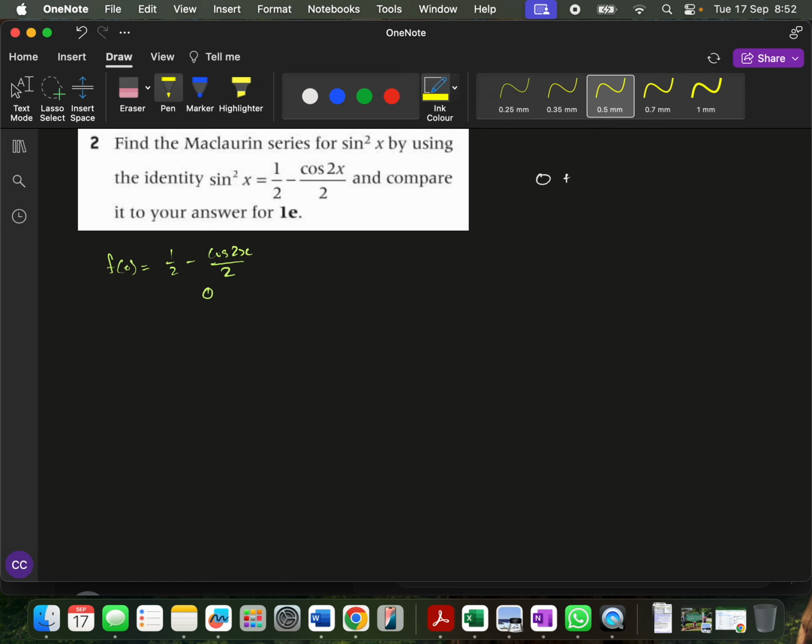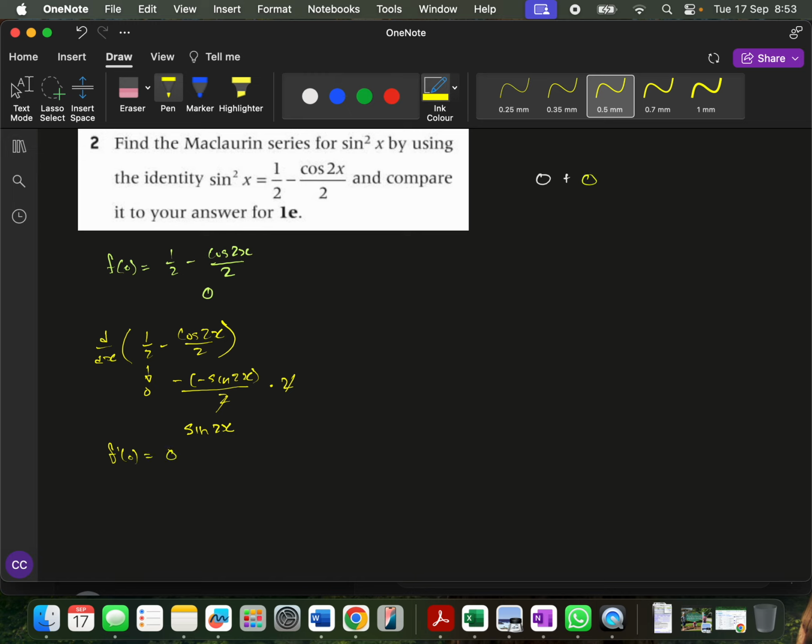Now let me take the derivative of that. So d/dx of (1/2 minus cosine 2x) all over 2. That zeroes out, and that turns into negative sine 2x all over 2, and then times 2 because of the chain rule, and I'd be left with just sine of 2x. When I evaluate that first derivative at 0, I get 0.